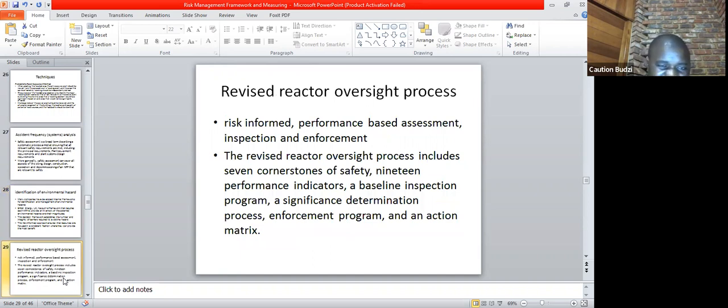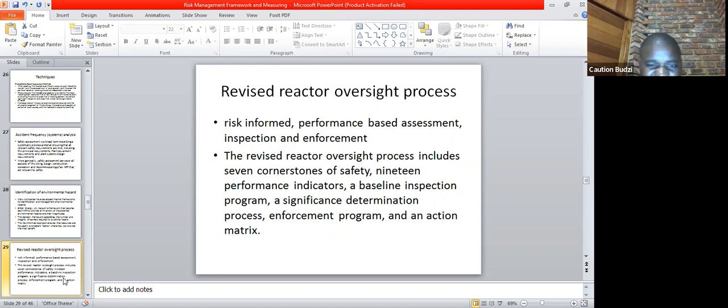Another technique which can be used to identify the risks in a power plant is the revised reactor oversight process. The risk-informed performance-based assessments, inspections, and enforcement on the reactors.